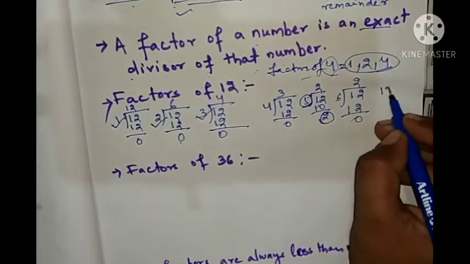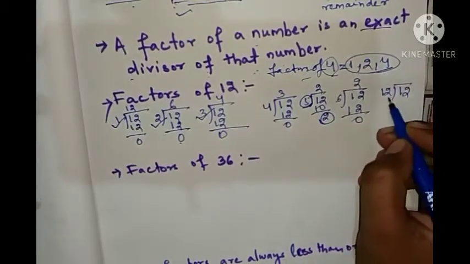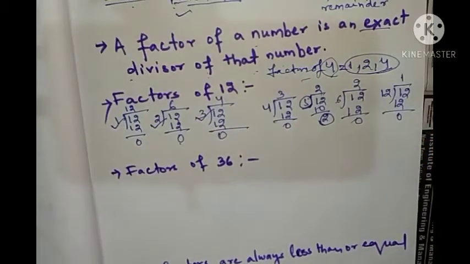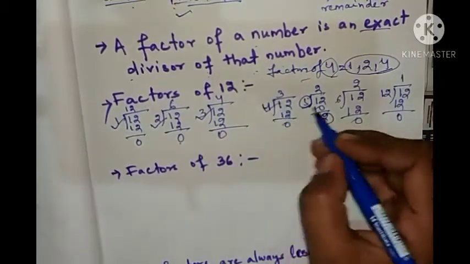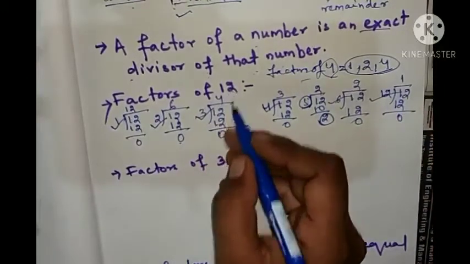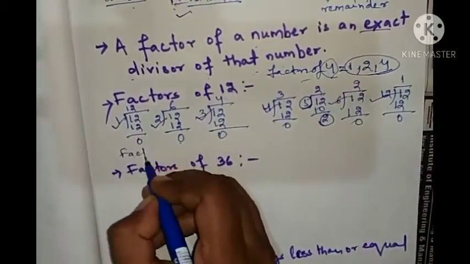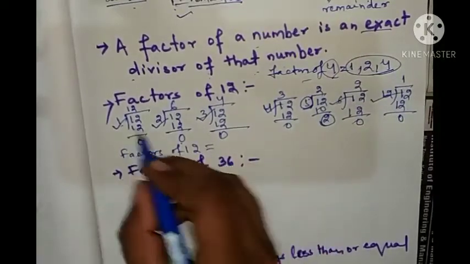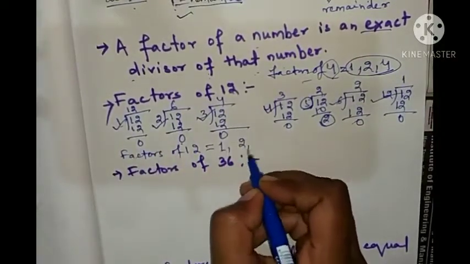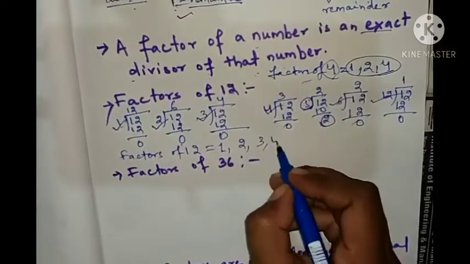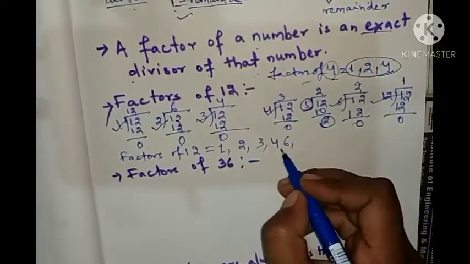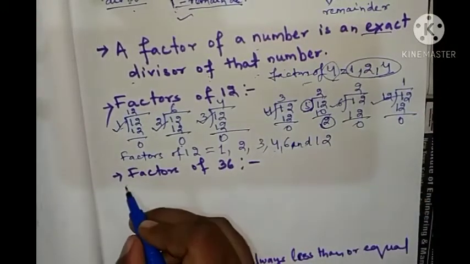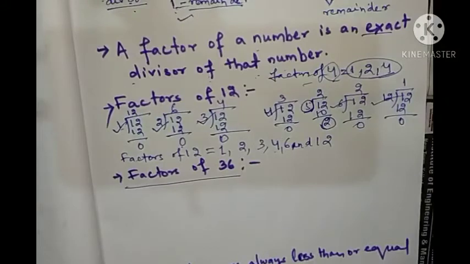The last one is 12. So 12 can be divided by 12. 12 ones are 12. What are we getting? 0. So the exact divisors of 12 are the factors of 12. So factors of 12 equal 1, 2, 3, 4, 6 and 12.